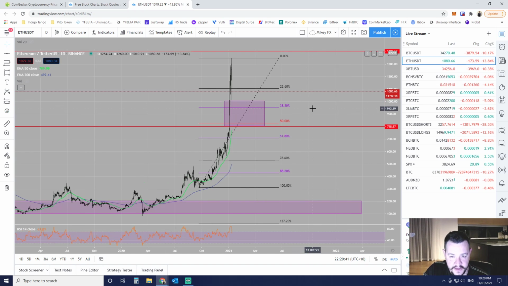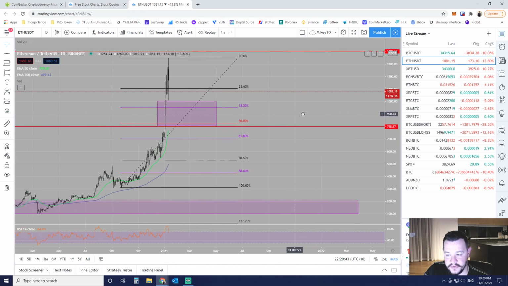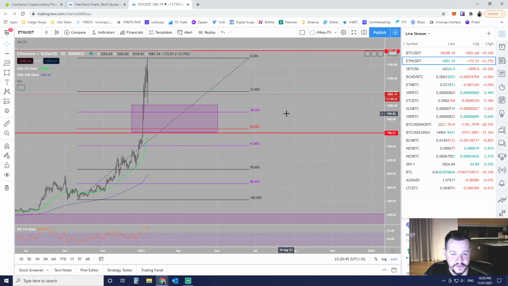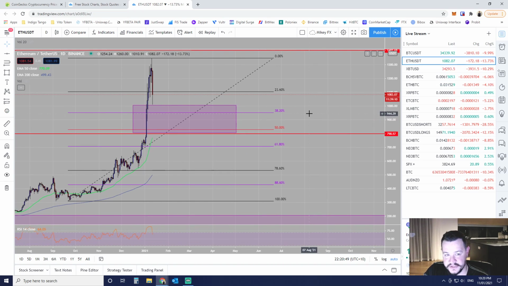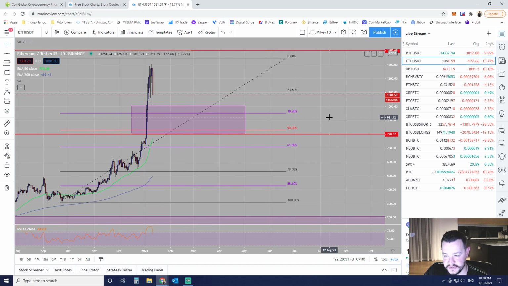So if you can take some profit along the way and leave some on the table, that's always a good strategy. I wouldn't completely exit the position and I wouldn't completely stay in the position, put it that way. How much you take out or how much you want to let ride, that's up to you. There's no set percentage for your portfolio. It purely depends on your own risk management strategies.